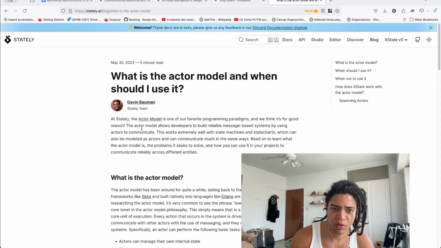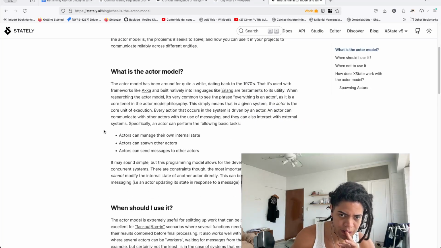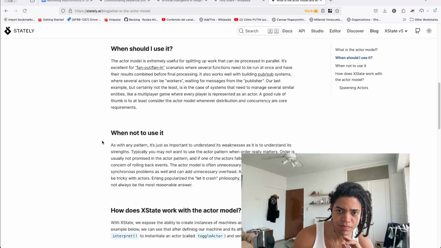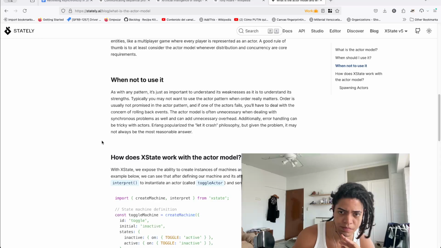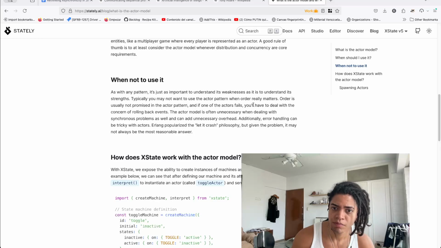What is the actor model and when to use it? When order really matters. In the actor pattern, if one of the actors fails, when dealing with a synchronous problem.